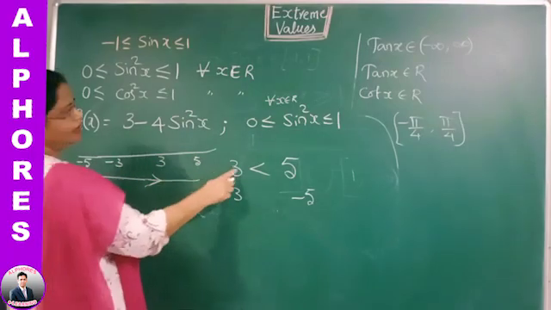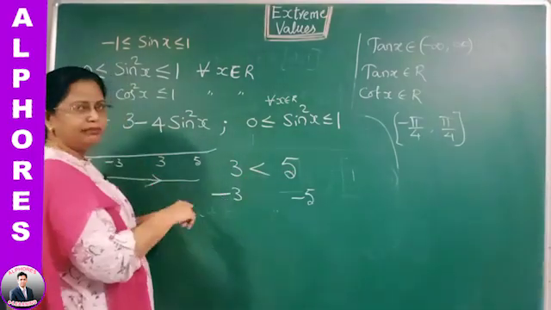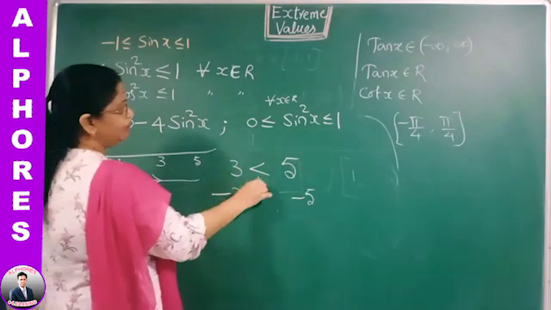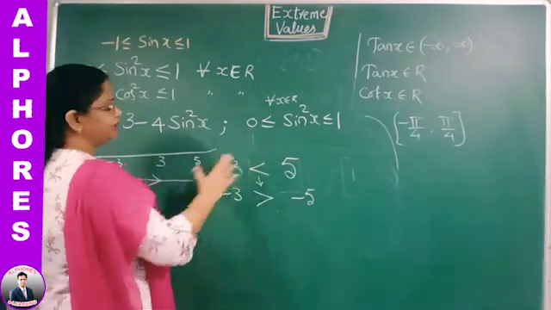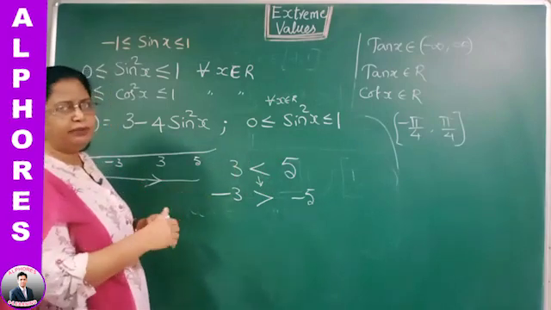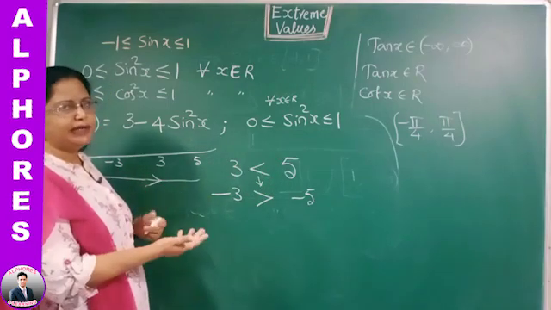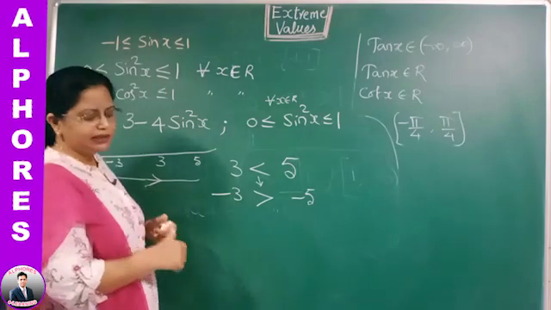Therefore, whenever 3 is less than 5, if you multiply by a minus sign, the inequality changes to greater. So whenever quantities, whether negative or positive, are multiplied by the opposite sign, the inequality immediately changes.